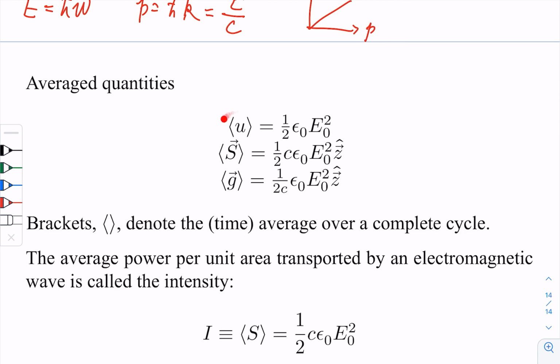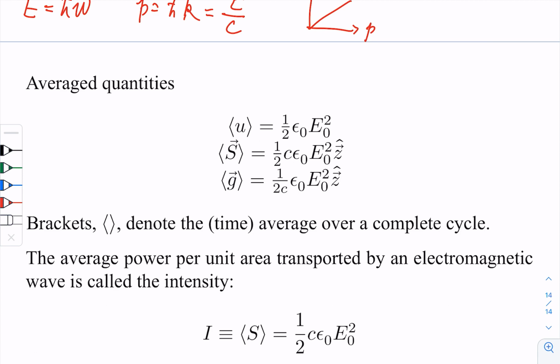So the average of the energy carried by the electromagnetic field is simply proportional to this epsilon naught E naught square, and for the Poynting vector, you need to add some constant speed of light and fix the direction along the direction of the propagation, and then for this momentum density, you need to divide the Poynting vector by c square.